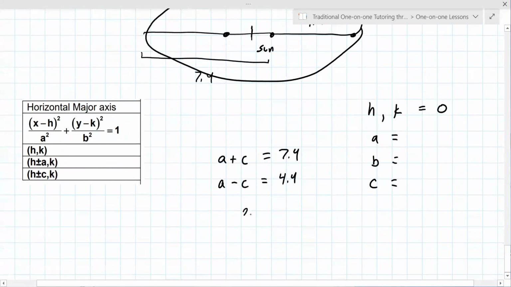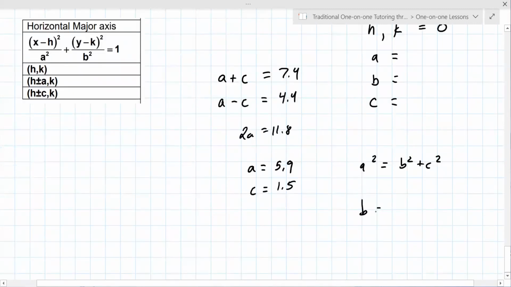So then you get 2A equals 11.8 and A equals 5.9. And then you can find C. C is 1.5. And then you can find B from that relationship: A squared equals B squared plus C squared.